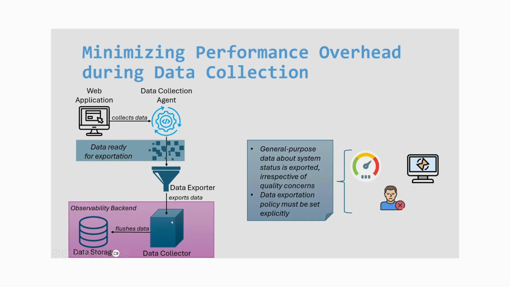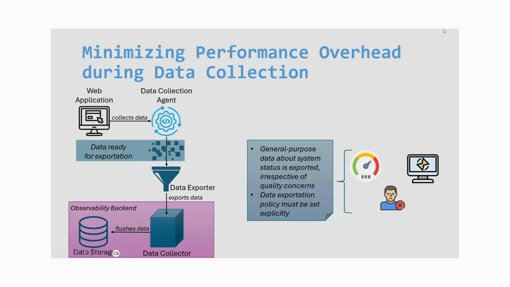Now, what we're mostly concerned about in this workflow is the impact of the agent's data collection strategy on the performance of the instrumented application and how to minimize it as much as possible. If the agent collects data indiscriminately and exports it too frequently to the collector, then the incurred performance overhead would be too considerable on the application.